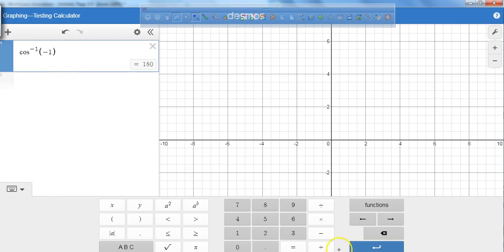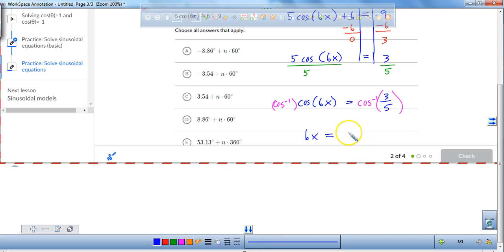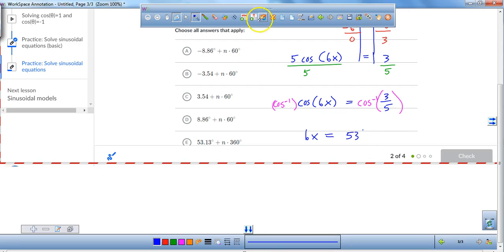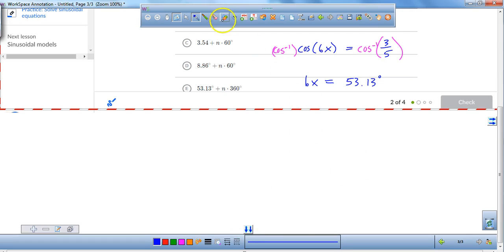Since we already have an inverse of cosine, put 3 divided by 5, we get 53.13 degrees. Now we've got to think about where cosine would be positive.